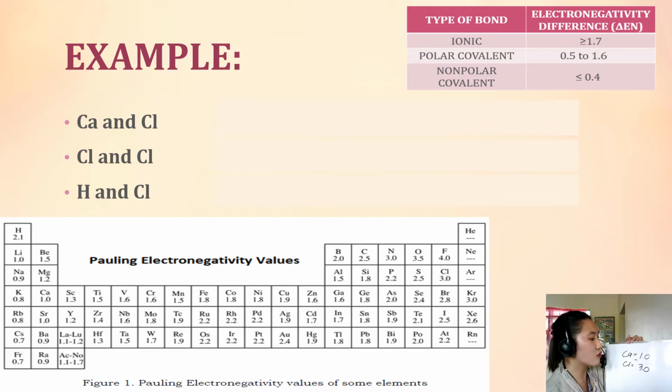So, now that we have the electronegativity values, we must find the electronegativity difference. So, how do we find the electronegativity difference? We will just simply subtract the electronegativity values.